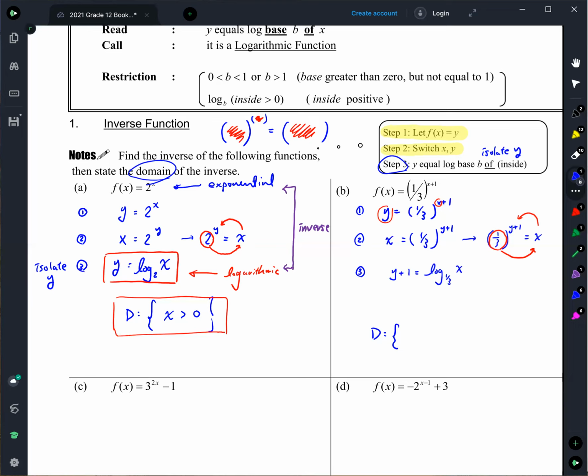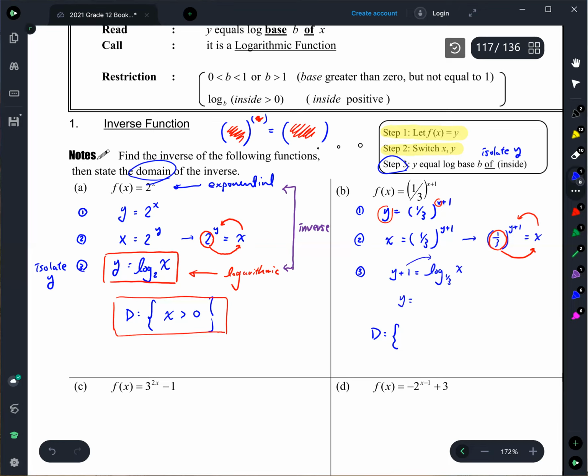So for this one, you need to do one extra step. You need to move the plus 1 to the other side. That'd be log base 1 over 3 of x, and then it becomes minus 1. If you move the plus 1 over, it'll become minus 1. So this is your inverse function.